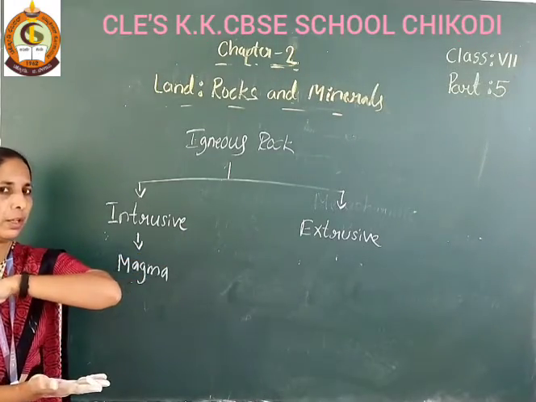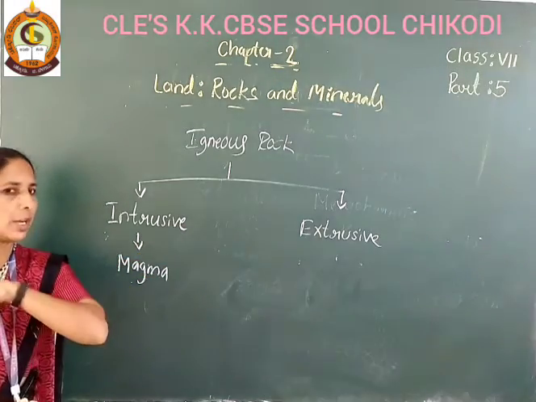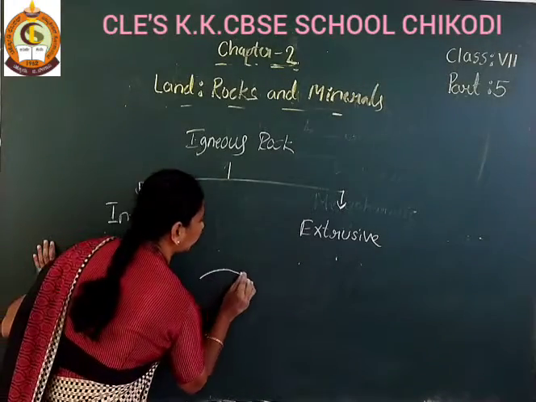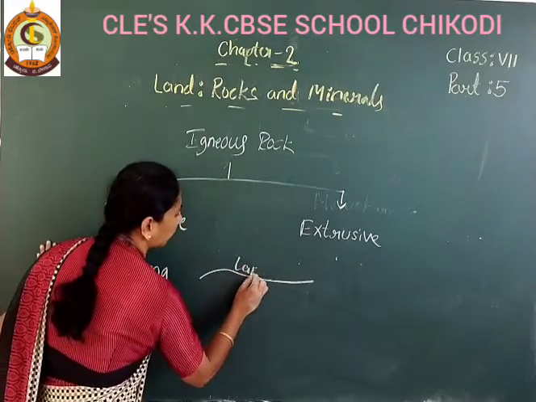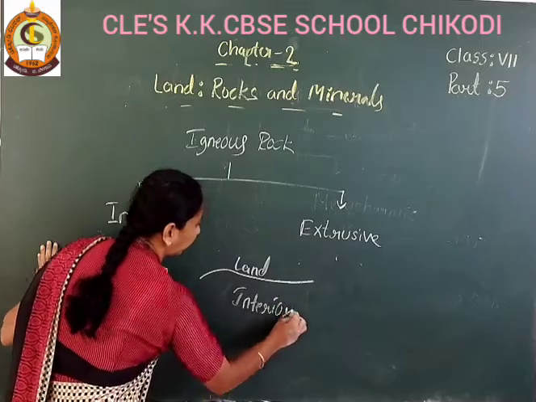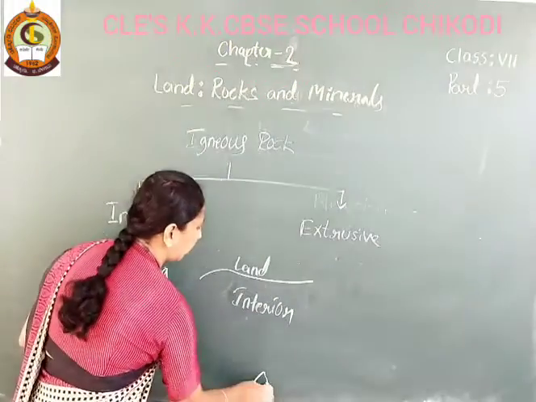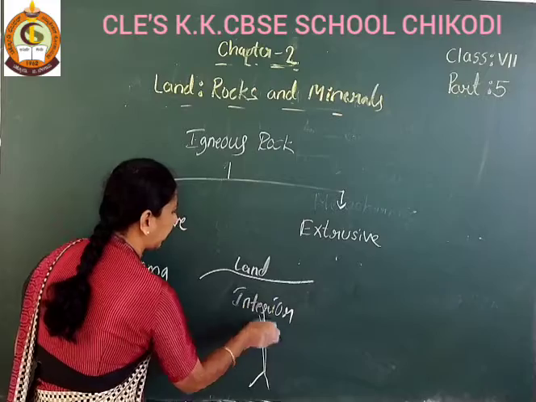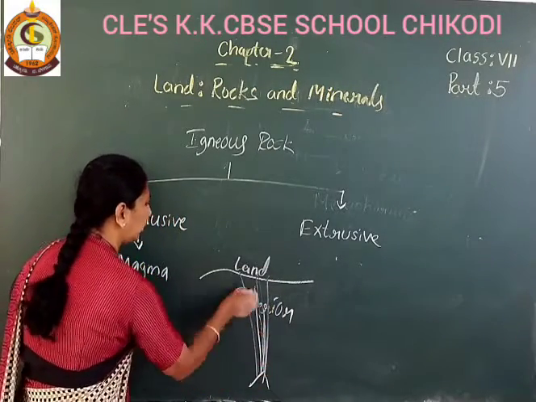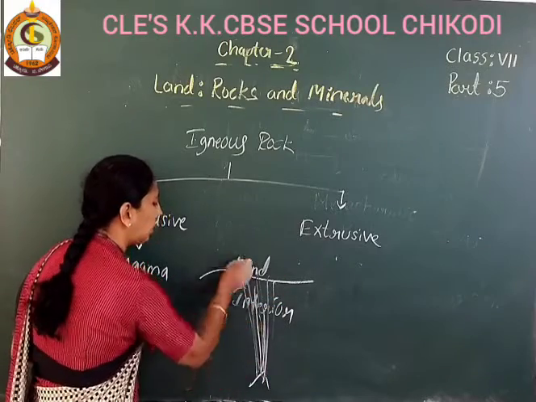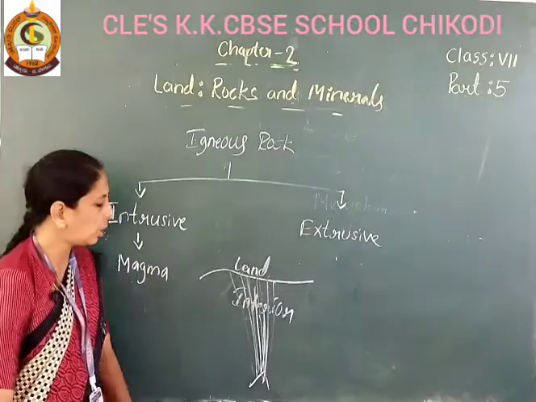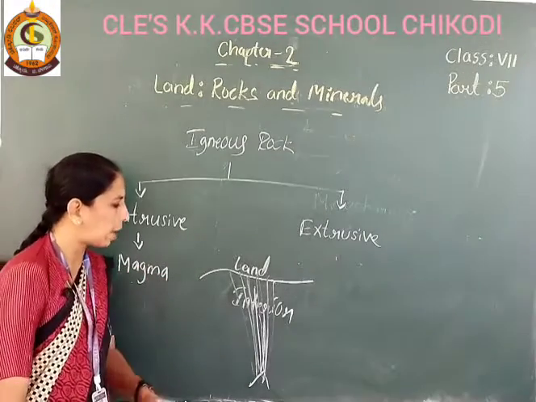It does not come to the lithosphere or the crust. So this is the land, and this is the interior part. When magma flows only in the internal part, it is liquid and flows in the interior.